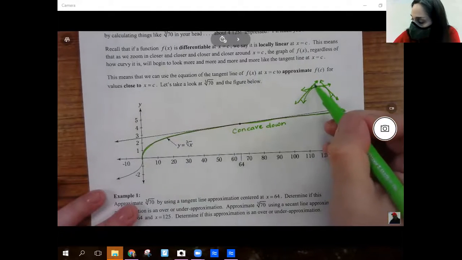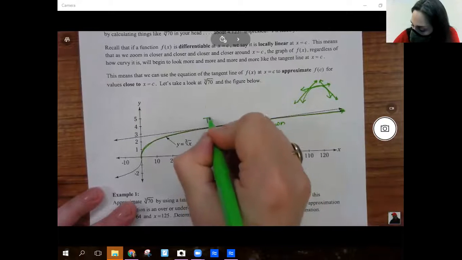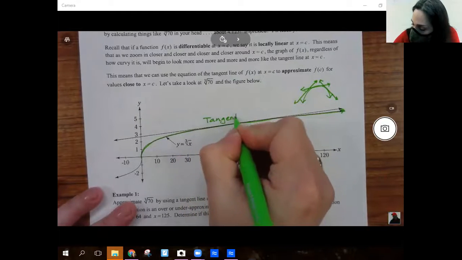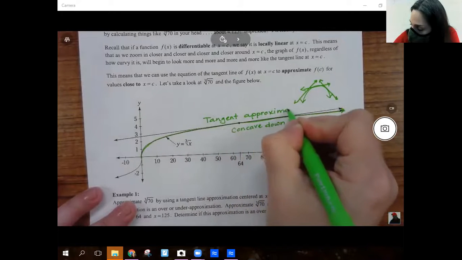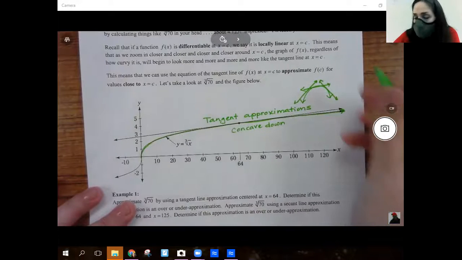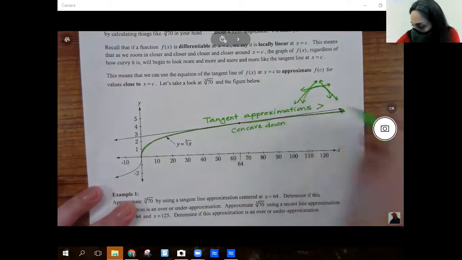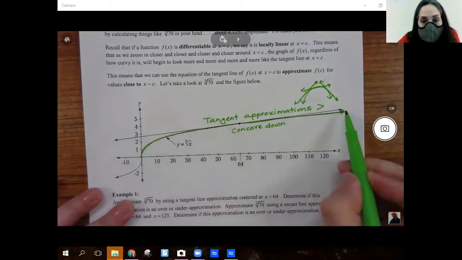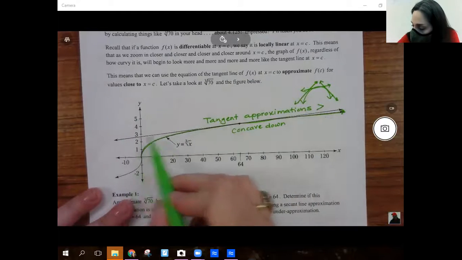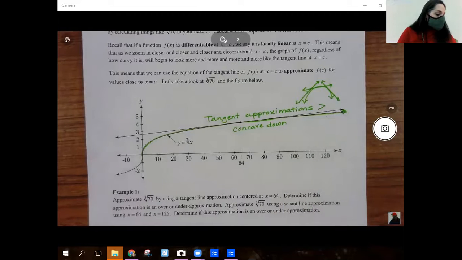So since the tangent lines are always above a concave down curve, the tangent lines are going to create approximations that are greater than the actual curve, because the tangent line is going to be above the actual curve. So therefore, all the y values on the tangent line are going to be higher than the y values of the actual curve.